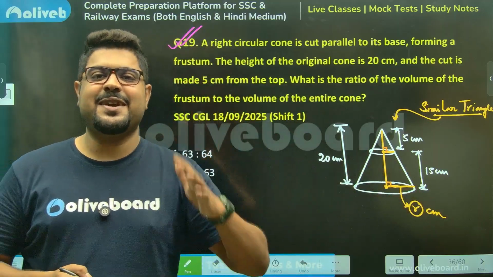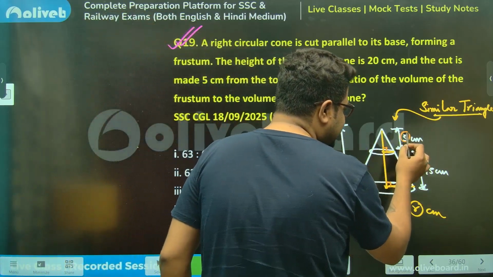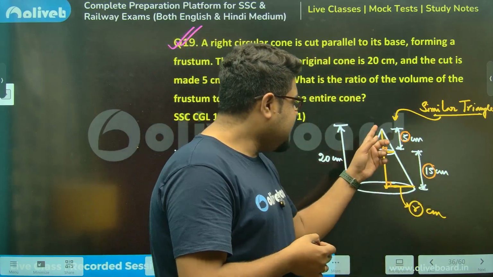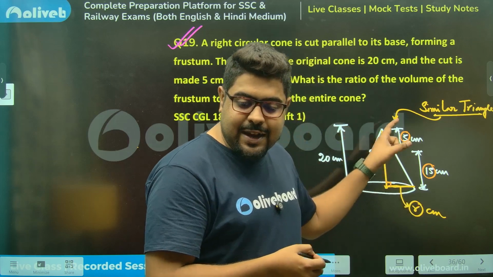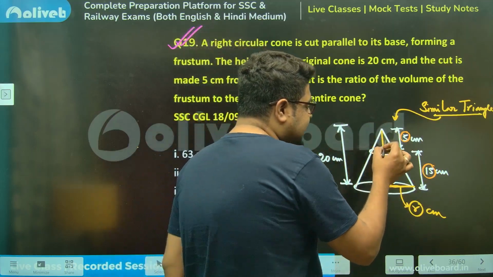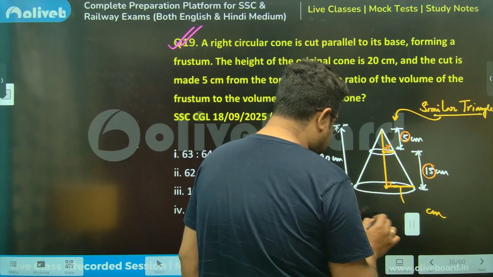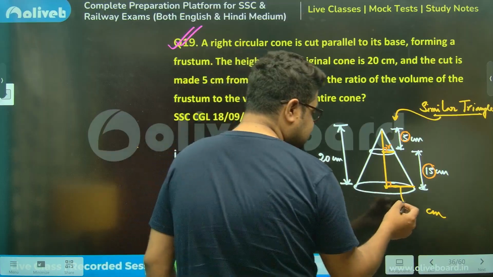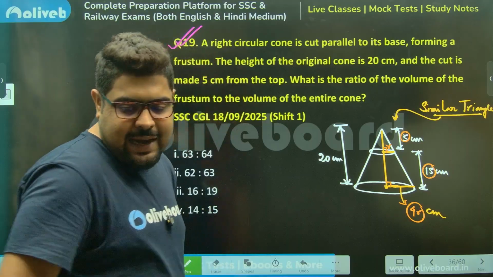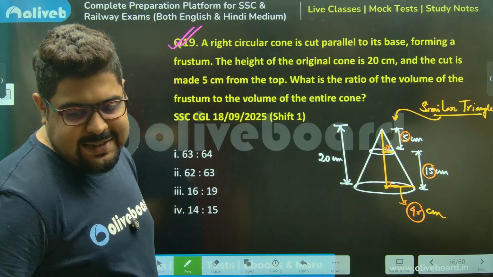So 5 is to 15, meaning 1 is to 3, so the small triangle versus the big triangle is 1 is to 4. 5 is to total 20. So if this is R, then this is 4R centimeters.